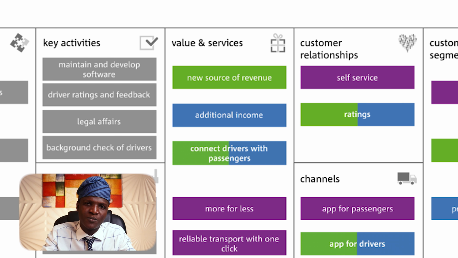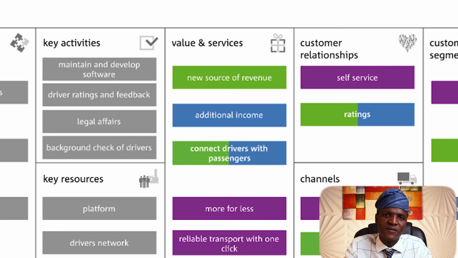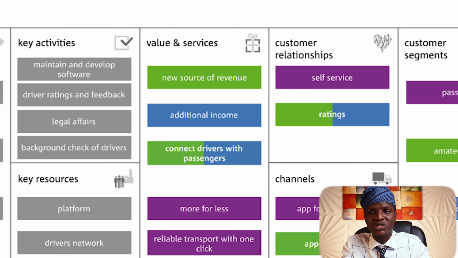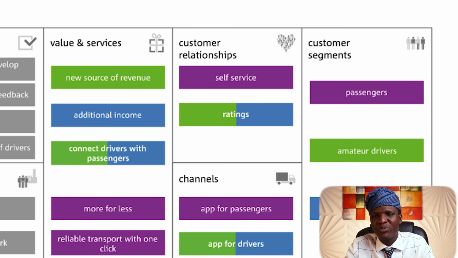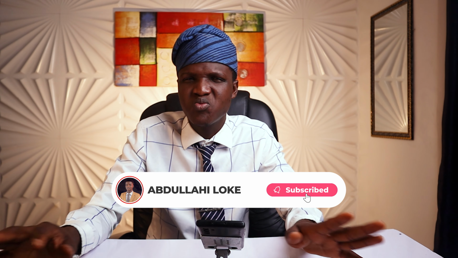What is their value proposition? Here they name it as value and services. Their value and services is what? Provide a new source of income, a new source of revenue for their customers, which are the amateur drivers. The amateur drivers in this sense are those people that have one or two jobs they are doing, but they are looking for a side hustle, which is why they register to be a driver on the Uber app. I hope you are getting it. Now, professional drivers are those drivers that are real drivers.